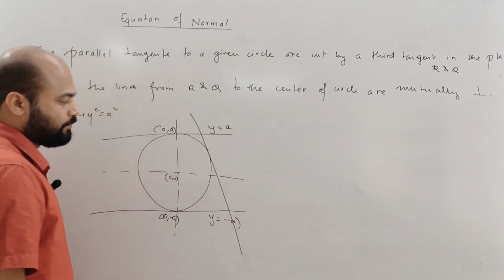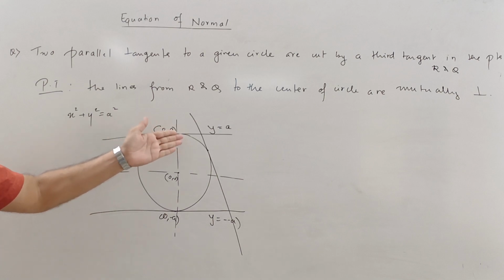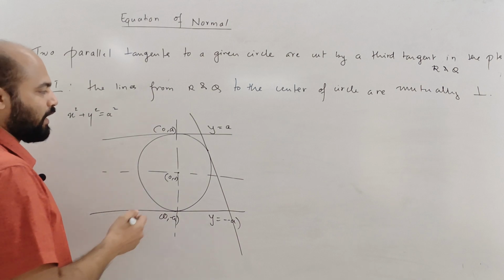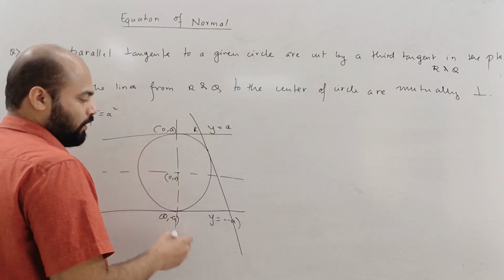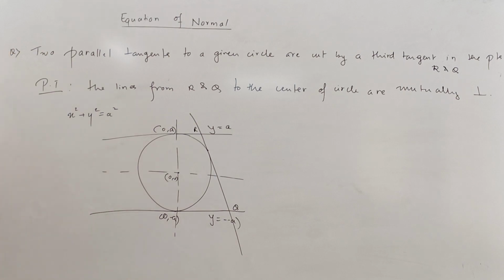As per the condition, this third tangent is cutting the previous two tangents at the points R and Q. So let's say this point is R, this point is Q. Once we know this part, we can definitely find R and Q by standard coordinate geometry.